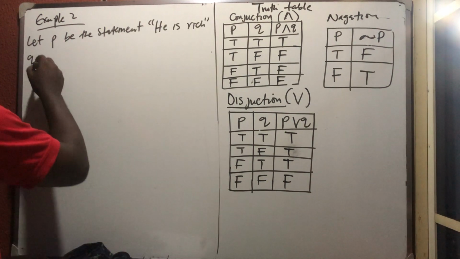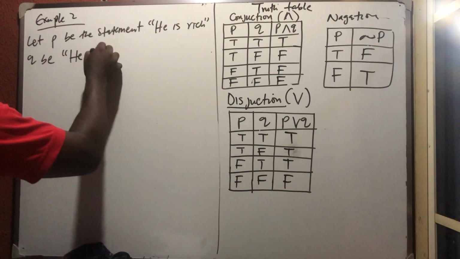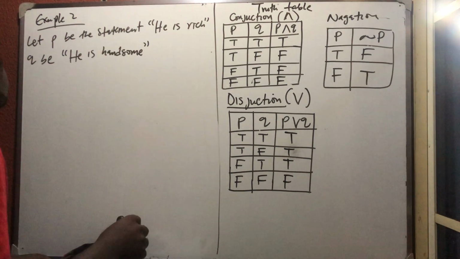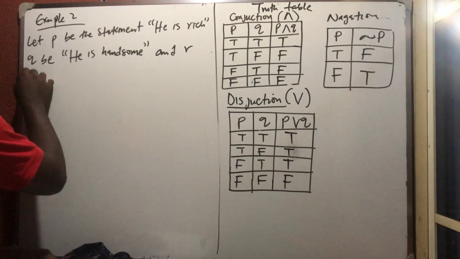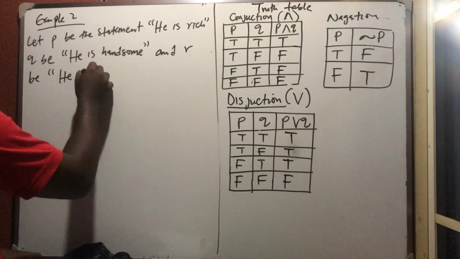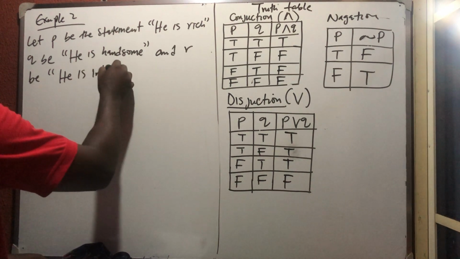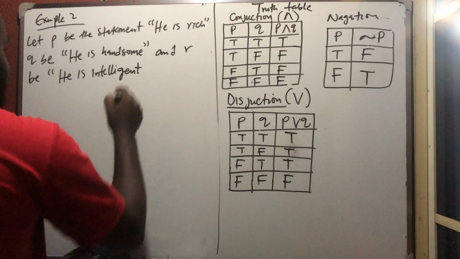Q be the statement, he is handsome. And R be the statement, he is intelligent. These people might be referring to me. Not even might, they are referring to me.